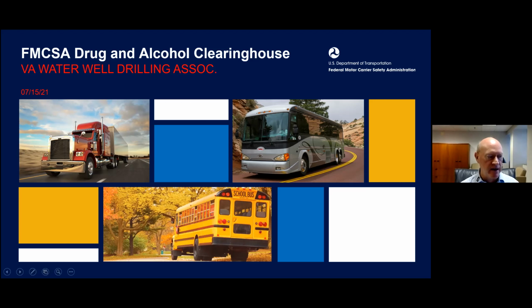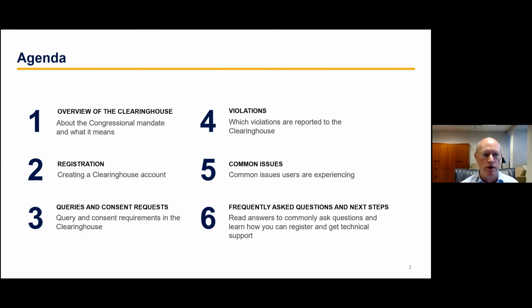So we're gonna, like I said, talk about the Drug and Alcohol Clearinghouse today. Our agenda is pretty straightforward. I'm gonna give you an overview of the clearinghouse, what it means. I'm gonna talk about registration. You have to register in order to be a user of the clearinghouse. I'm going to talk about how you use it, queries and consent requests. What do you have to do to query it?